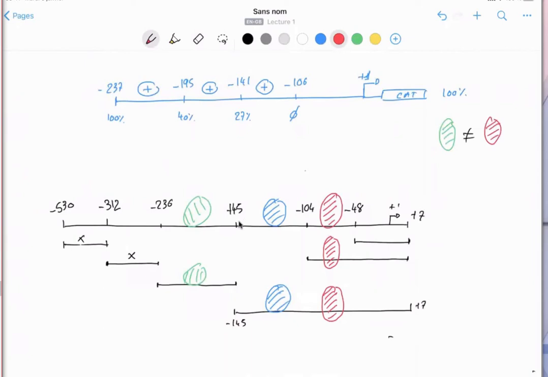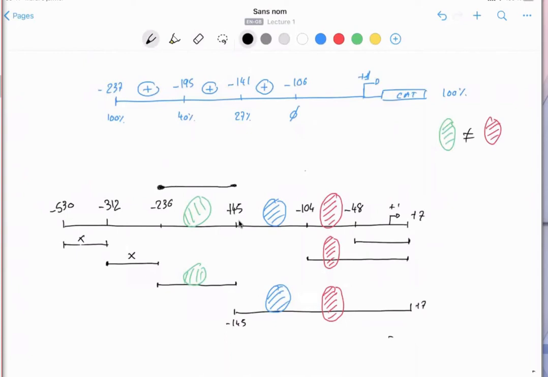Now let's have a look at the EMSA that is on the right of the page, the one using as a probe the fragment minus 236 to minus 145. So we use this fragment as a probe.